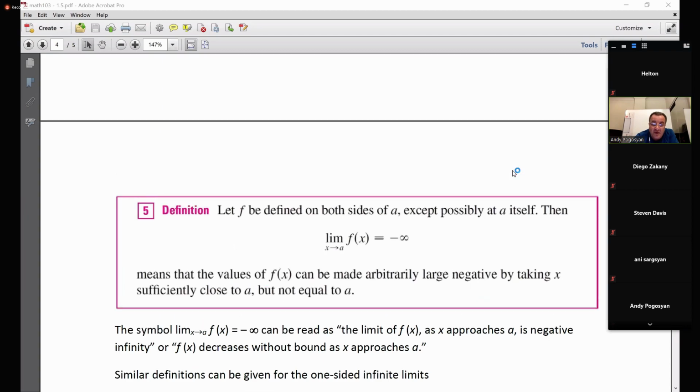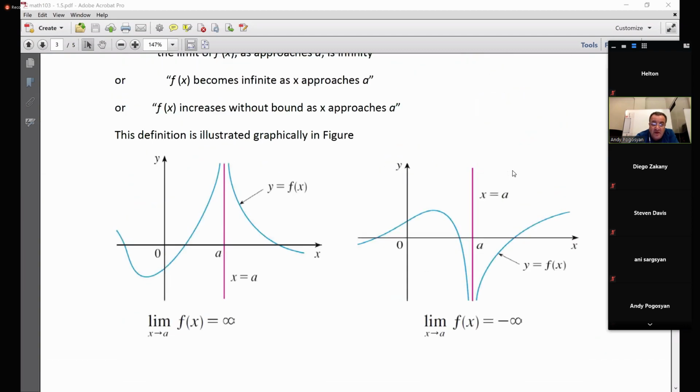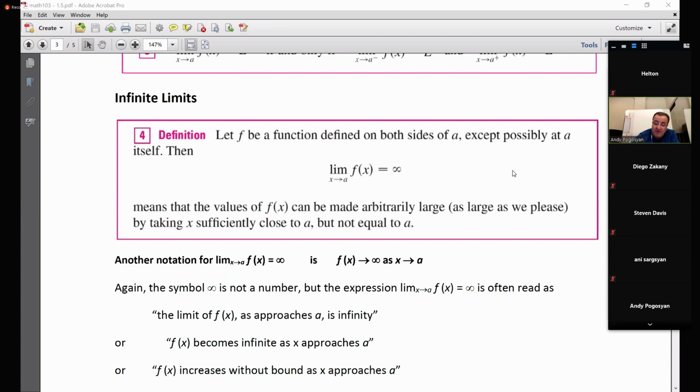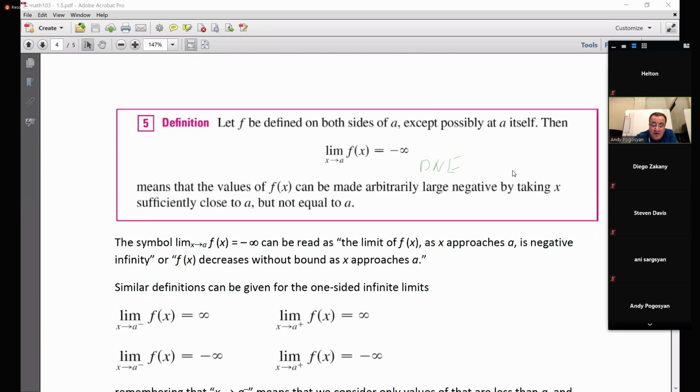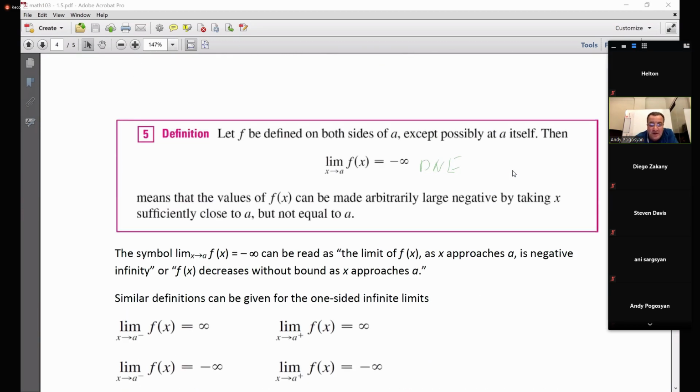Remember, infinity or negative infinity are not numbers, which means the limit does not exist. Similarly, if you get infinity here, it doesn't mean the limit exists. The limit is infinity, but it does not exist because it's not a finite number.